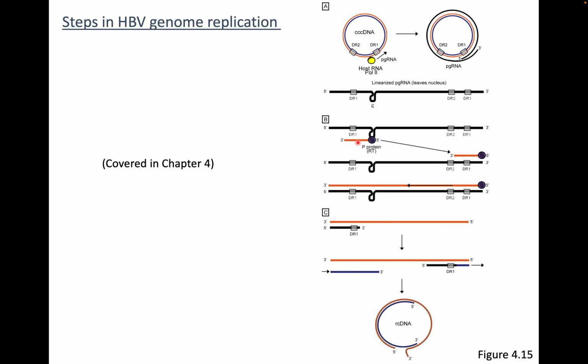And what this is going to do is allow a partially reverse transcribed copy now to jump from one end to the other because of the sequence similarity there. So we see this jumping around. Again, that happens very commonly. Once we're over here at the 3' end, now we can extend, basically make the full genome reverse transcription at that point.